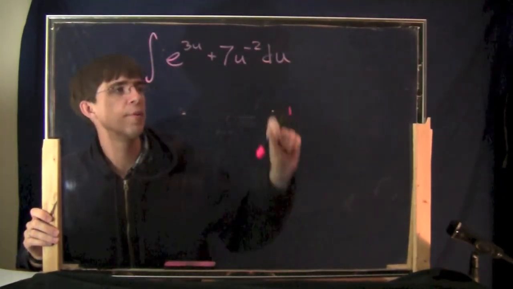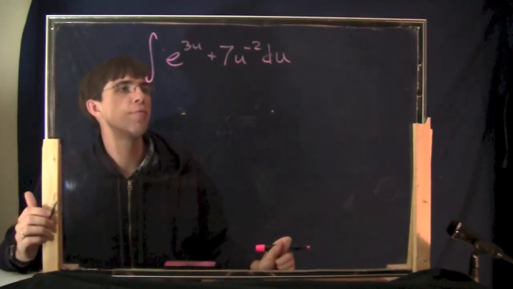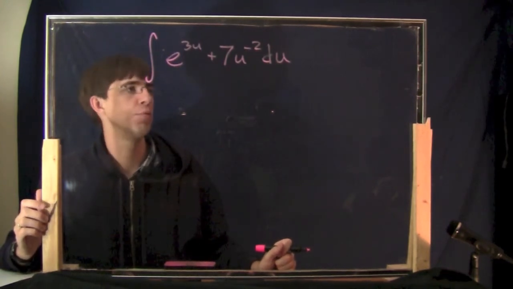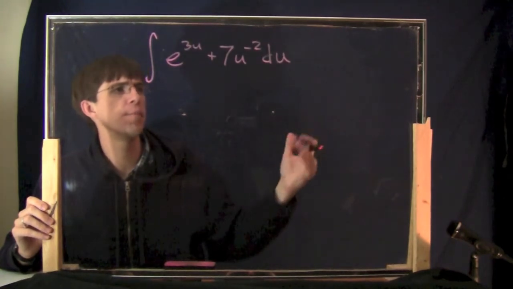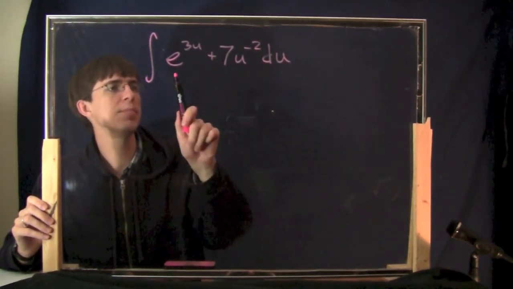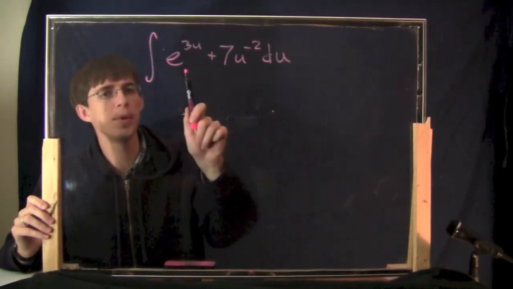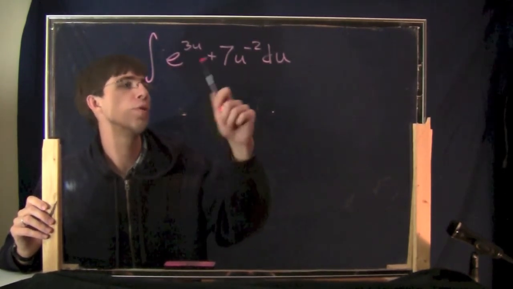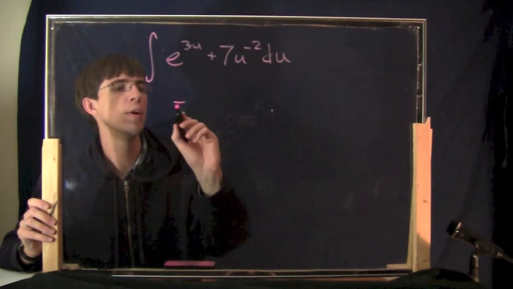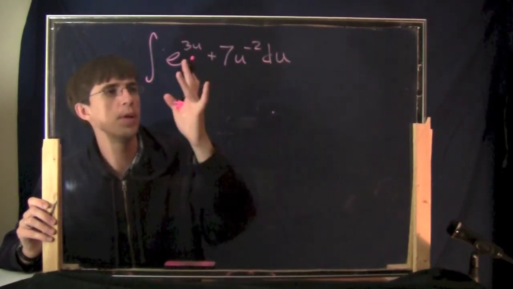Okay, this time I'm using a variable named u. The integral of e to the 3u plus 7u to the minus 2 du. Take the integral of that, I say. This is not terribly hard, just to demonstrate. Sometimes you can have these things mixed up. This one's an exponential. This one's like a polynomial type function. So you use the appropriate formula in each position.